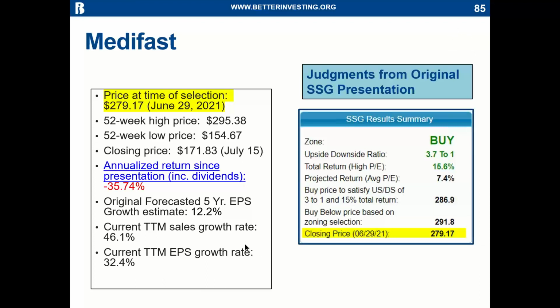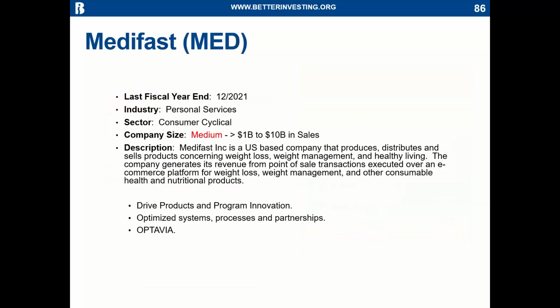Back in June of 2021, I had it as a buy of 3.7 to 1 with a total return of 15.6%, with a projected return using an average PE of 7.4, and you could have bought it at a price of 286.9, if you could find it at that, to get a 3-to-1 and 15% total return. Next slide.